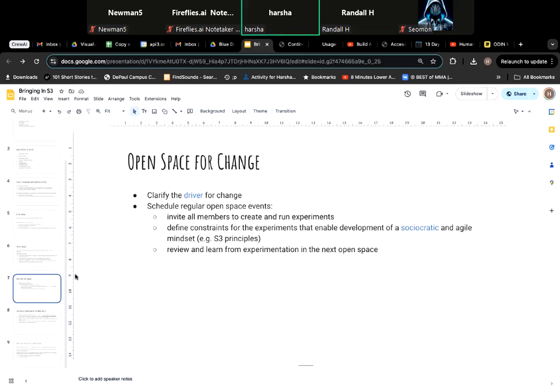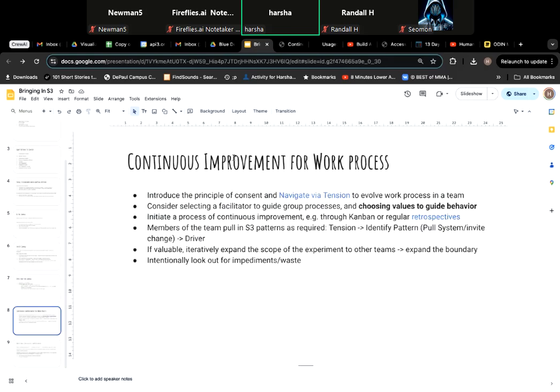Absolutely. Yeah, because I feel like S3 in general assumes there's a group of people that want to achieve a specific goal. And then on top of that, we bring in all the patterns, is my assumption. And the next one is continuous improvement for work process.